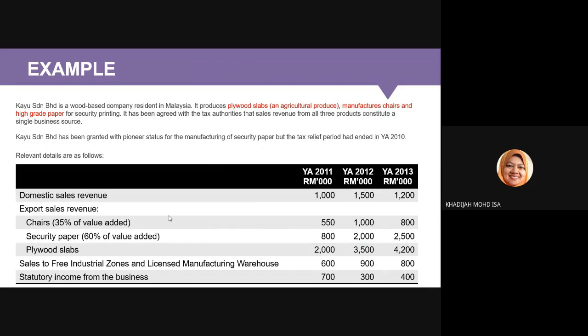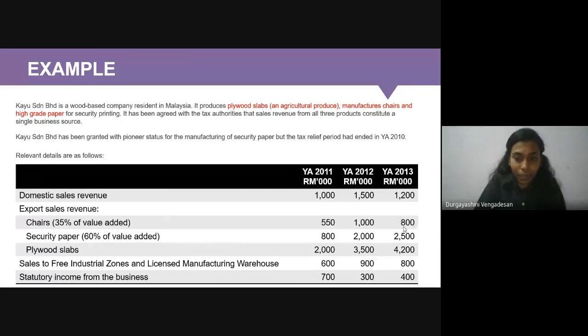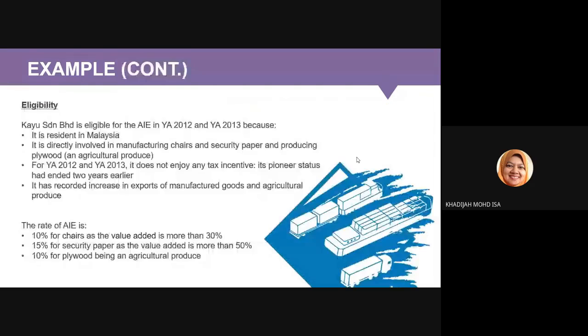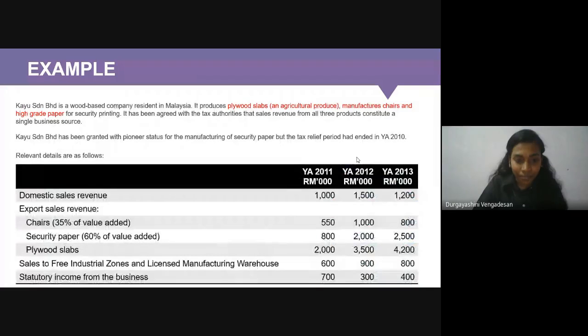So that's why. In 2012, for example, chairs 1,000, so the increase is 450 because 1,000 minus 550. When it comes to 2013, there's no increase. Okay, understood. So in 2012 there's an increase.